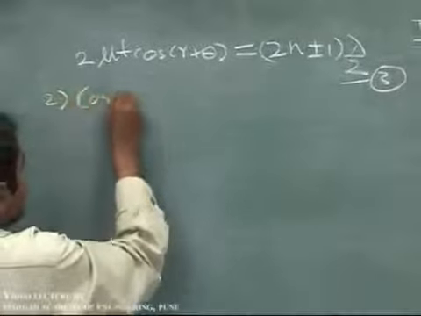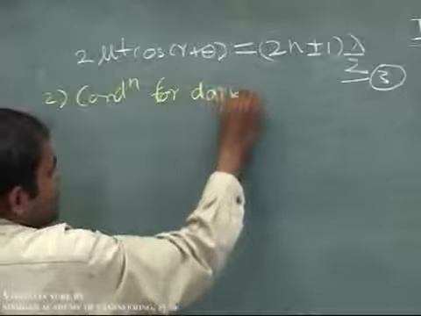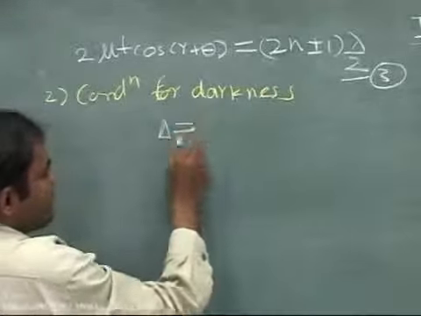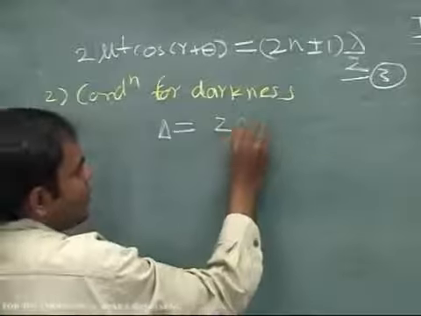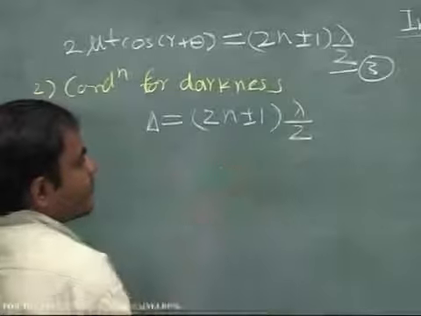Second, condition for darkness. We know that path difference must be equal to an odd multiple, that is (2n ± 1), of half the wavelength, λ/2.